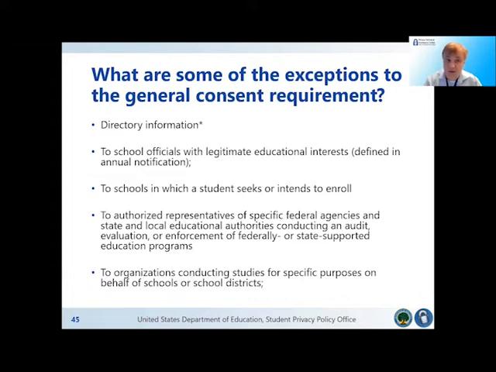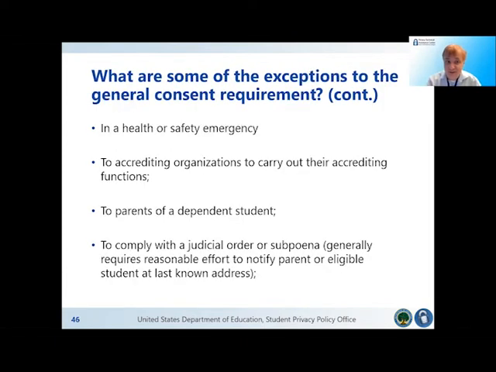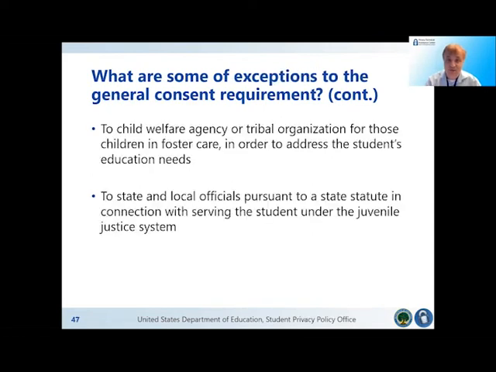Not going to go over them all, but they include directory information, schools in which a student seeks or intends to enroll, health or safety emergency, parents of a dependent student, child welfare agencies, Uninterrupted Scholars Act, or juvenile justice exception.